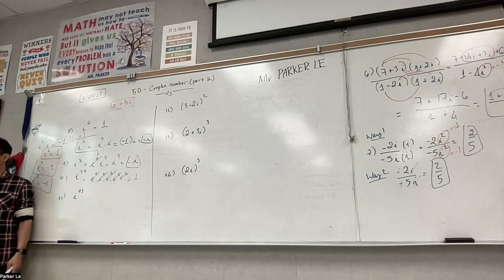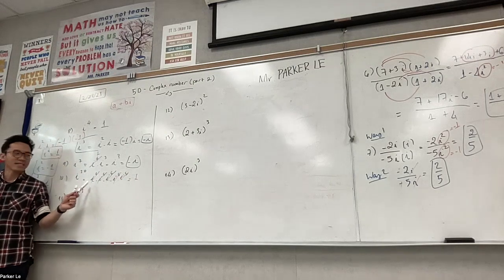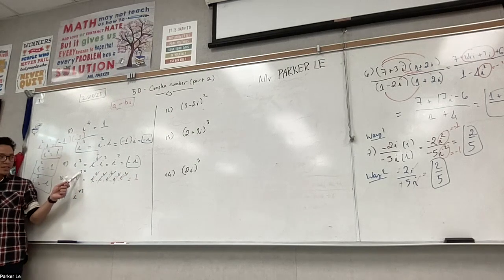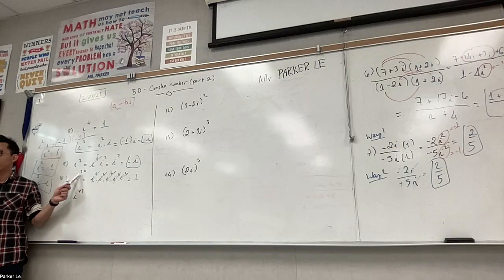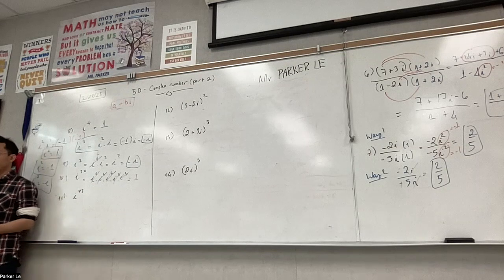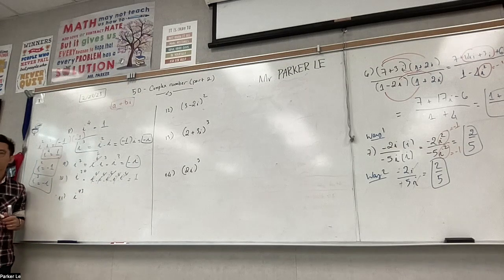Again, every time i to the 4th is 1. So how many i to the 4th in i to the 20th? 5. So 20 can be divided by 4, right? When it is a multiple of 4, it will be 1. Now i to the 73rd. If you understand it, you can do it. 73 divided by 4.